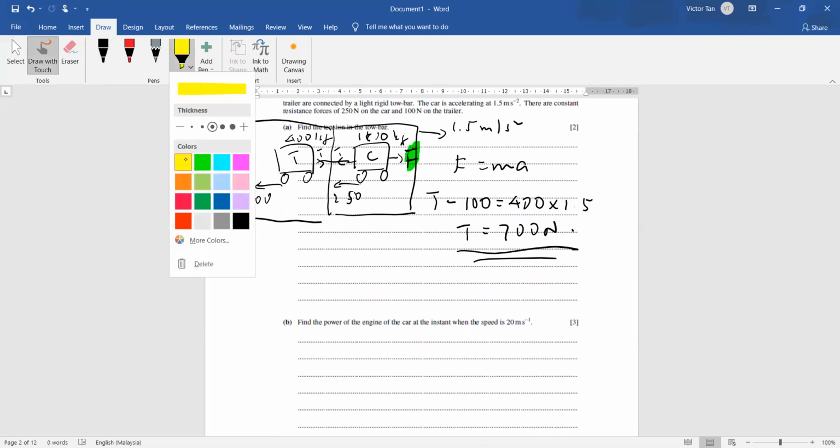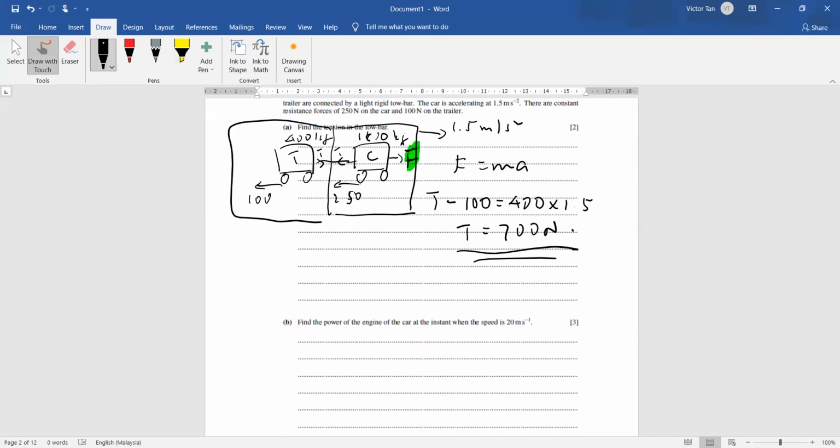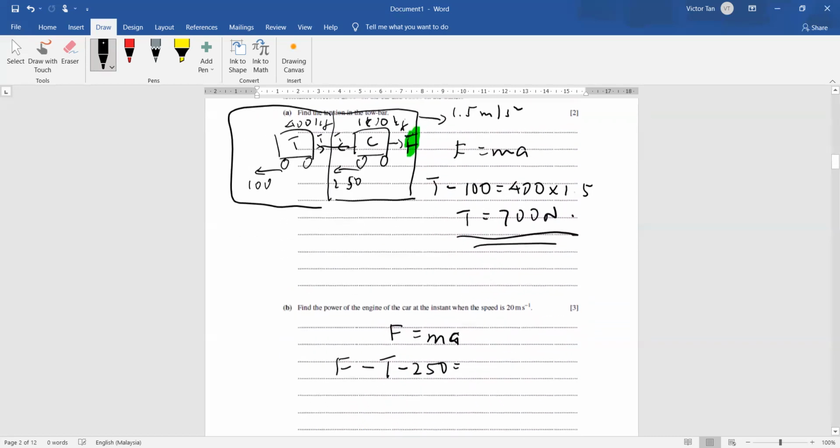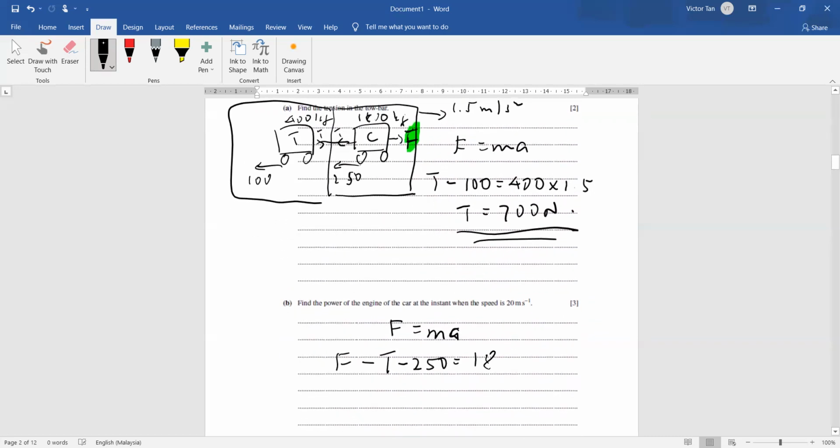Change the color to yellow. Okay. So we are going to take the system of forces on the car. Again, it's the same thing. Resultant force equals MA. So you have F, the force of the car, minus the tension minus the resistance equals 1,800 times 1.5.